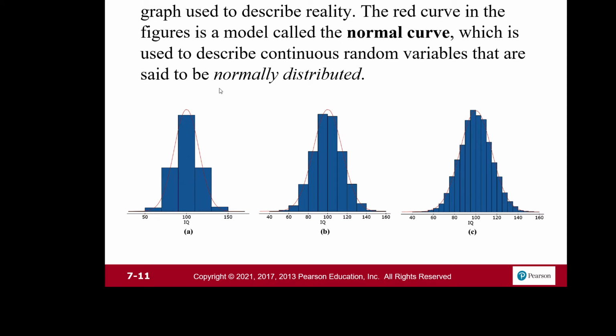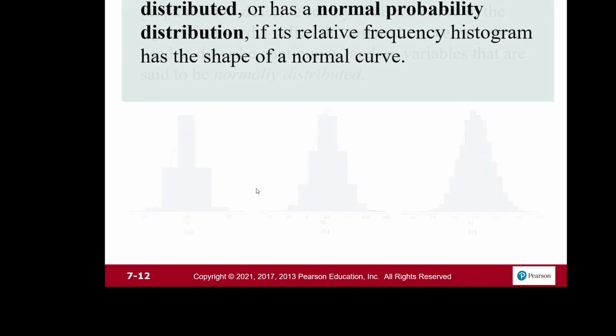That is called the normal curve, which is used to describe continuous random variables that are said to be normally distributed. And a continuous random variable is normally distributed if its relative frequency histogram has the shape of a normal curve.